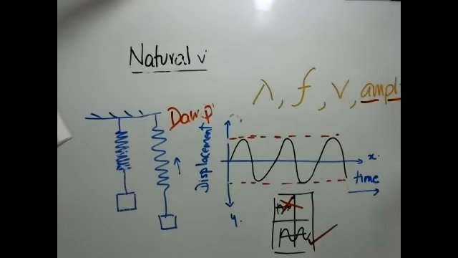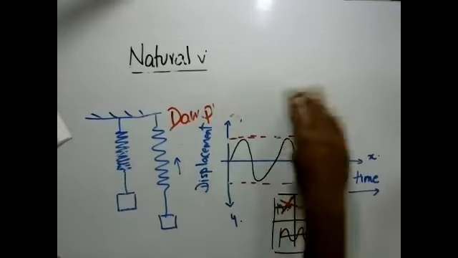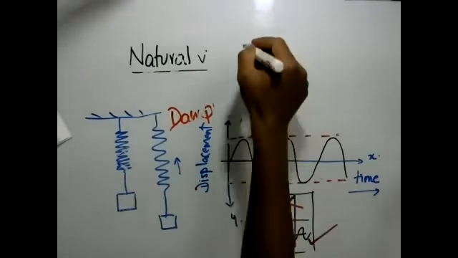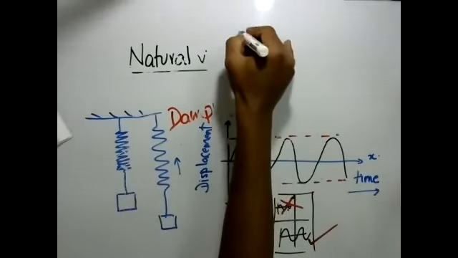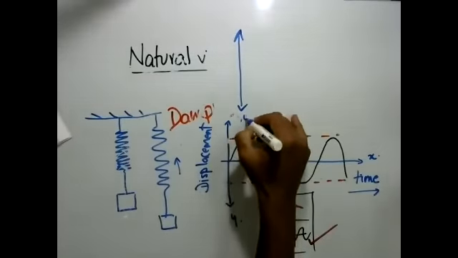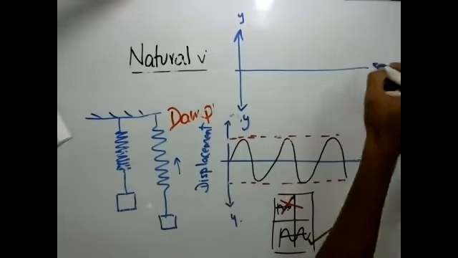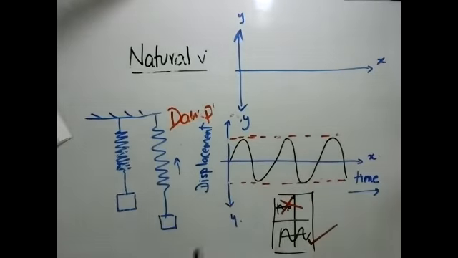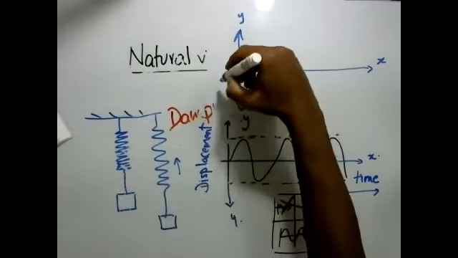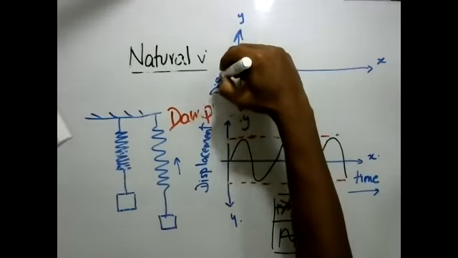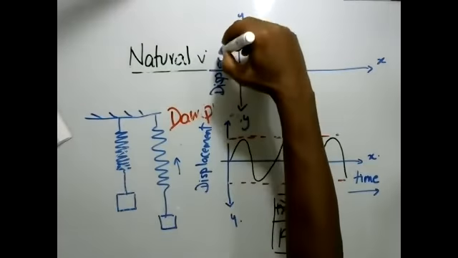So if you have to represent the change in the amplitude, then I can do it using the same graph. I hope you people are taking down notes of these things. Practice makes perfect, you see.